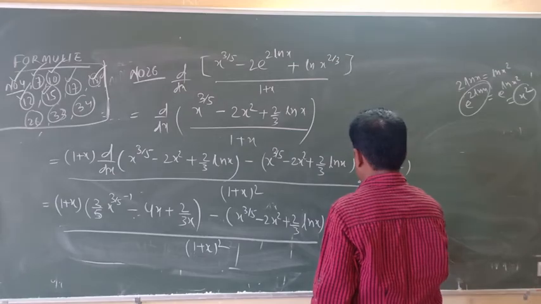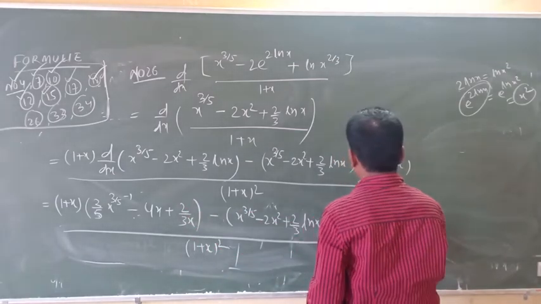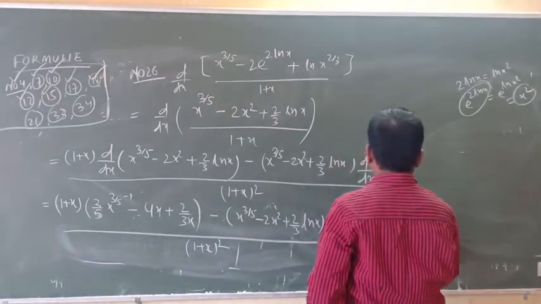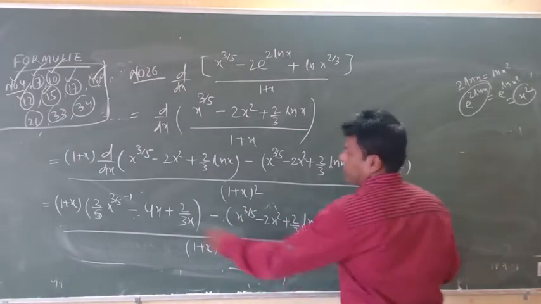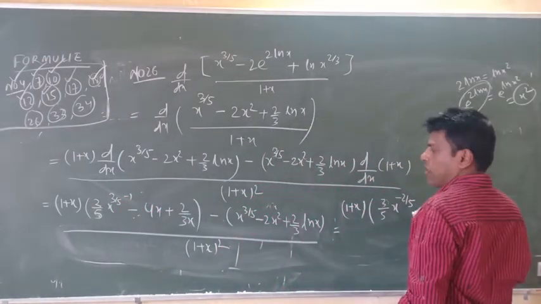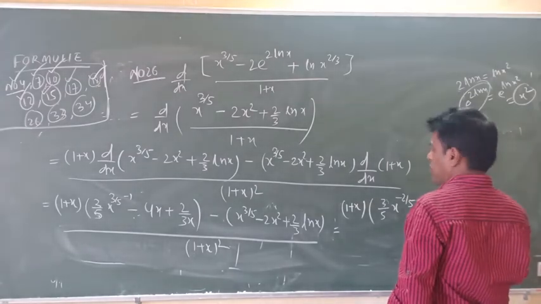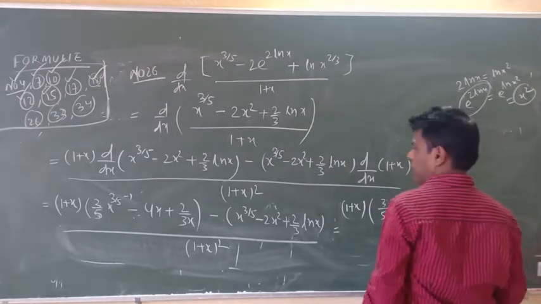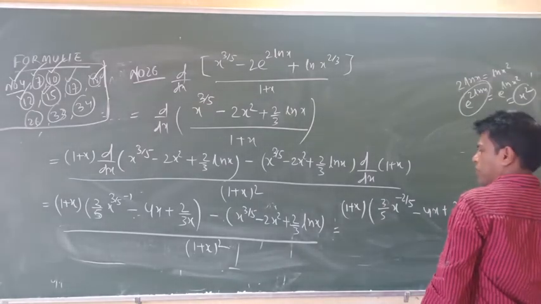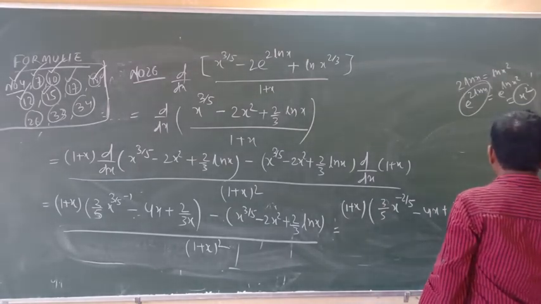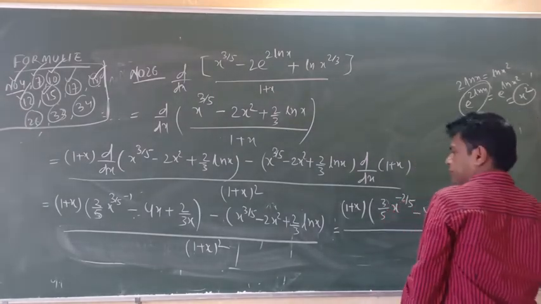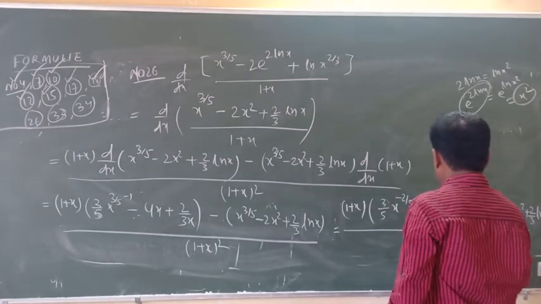1 plus x multiplied by 3 by 5, x to the 3 by 5 minus 1, x to the minus 2 by 5, because the LCM is 5, 3 minus 5 is equal to minus 2, minus 2 by 5, minus 4x plus 2 by 3x, minus x to the power 3 by 5 minus 2x square plus 2 by 3 ln x, whole divided by 1 plus x whole square.